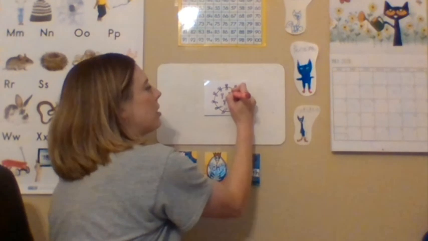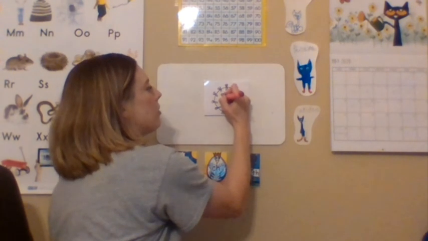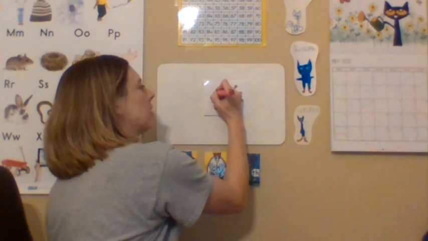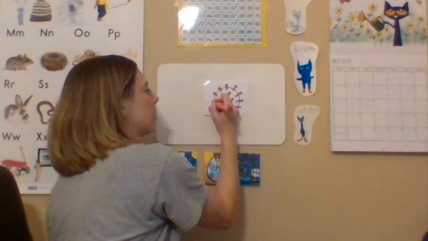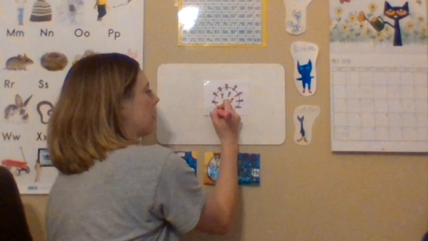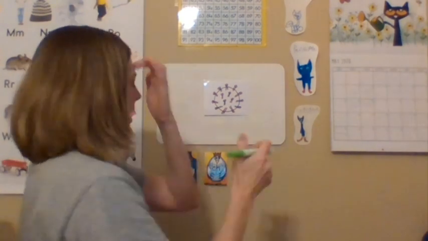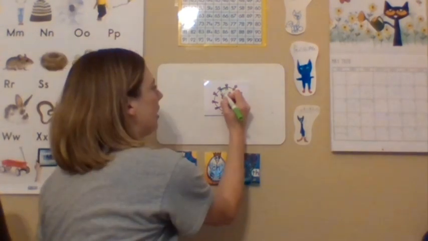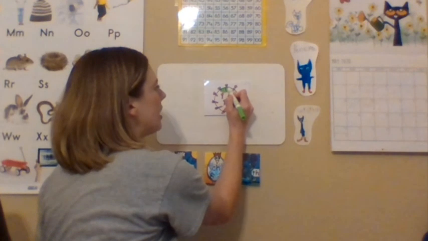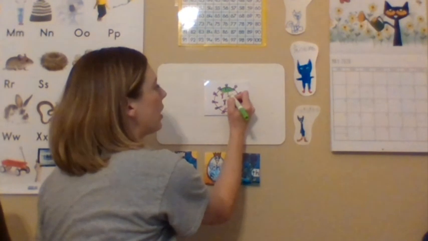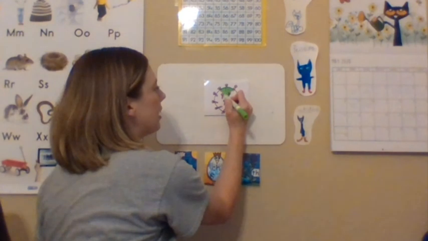I would hope that you would spend a little more time and make it super neat for me. There, made all the little pokey parts hot pink. And then I can go back and I can color in my green around the rest, or whatever color that you would like for it to be.